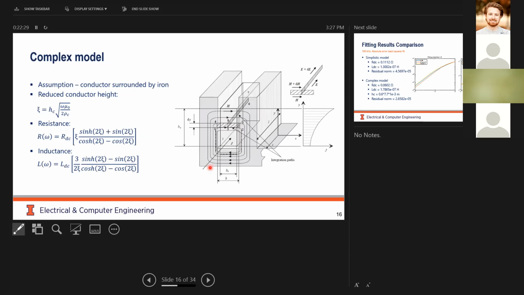So in the complex model, what do I assume about how the resistance and the inductance change with the frequency?